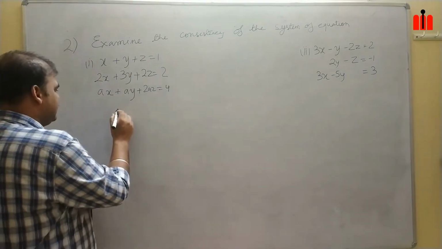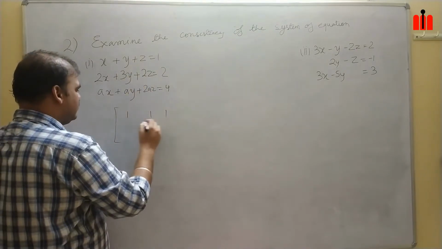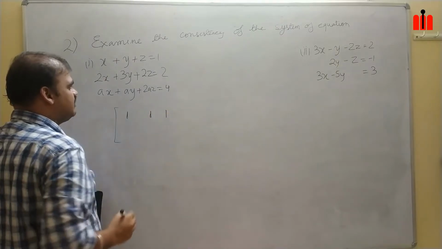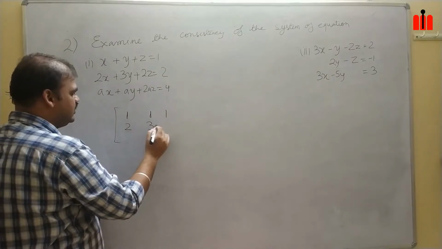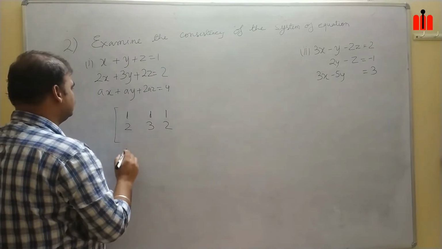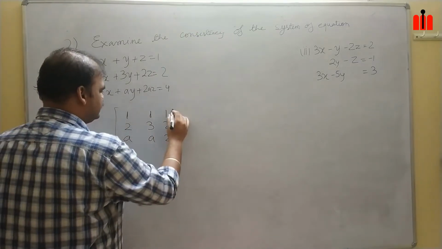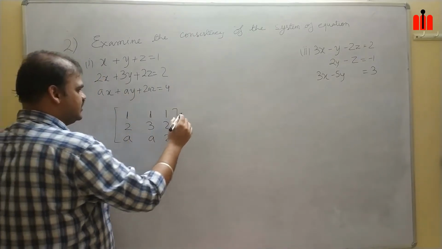So what will be my A matrix for this? It is the coefficient matrix: x coefficient, y coefficient and z coefficient, so the first row is 1 1 1. After that 2 3 2, x coefficient 2, y coefficient 3, z coefficient 2. Then a, a, 2a: x coefficient is a, y coefficient is a and z coefficient is 2a.